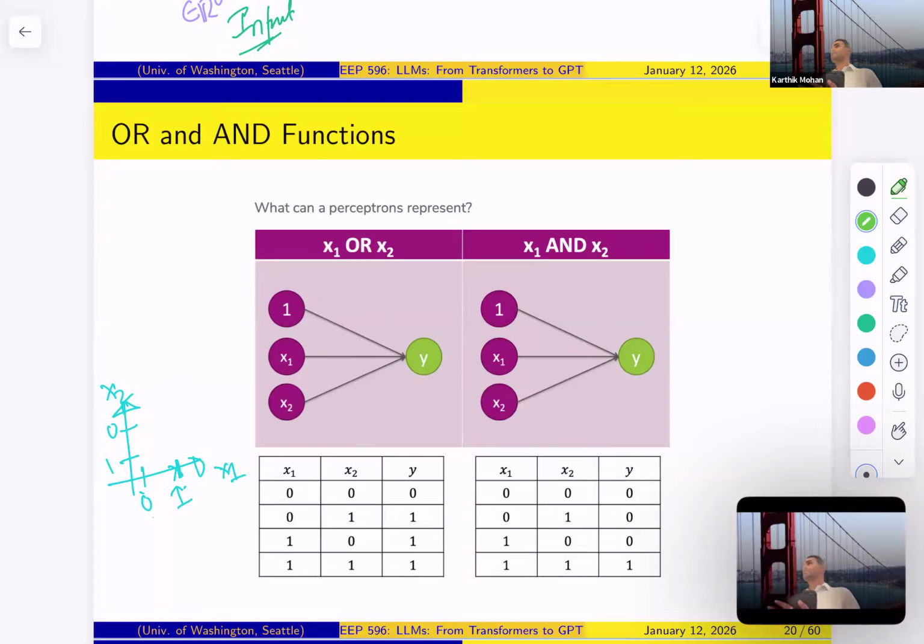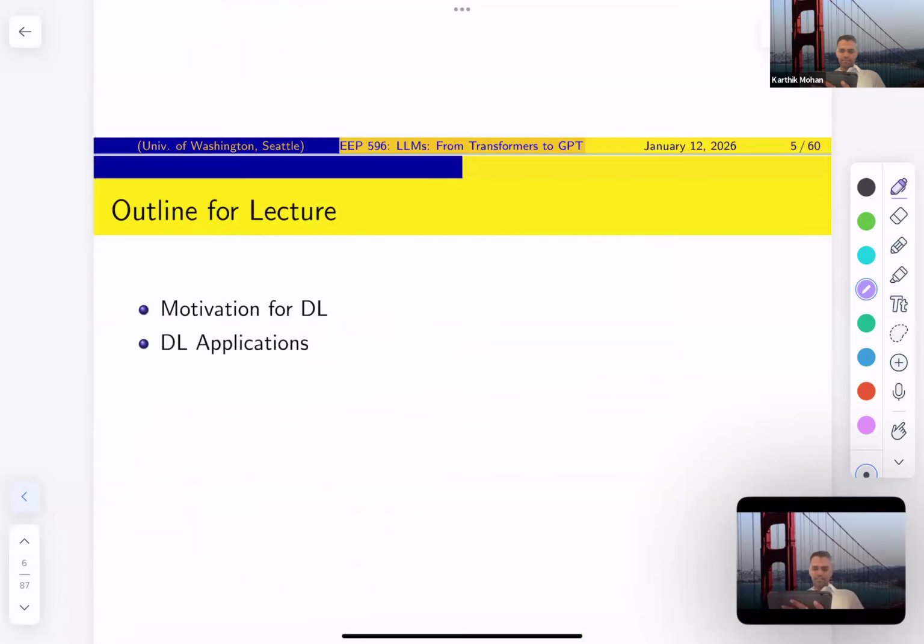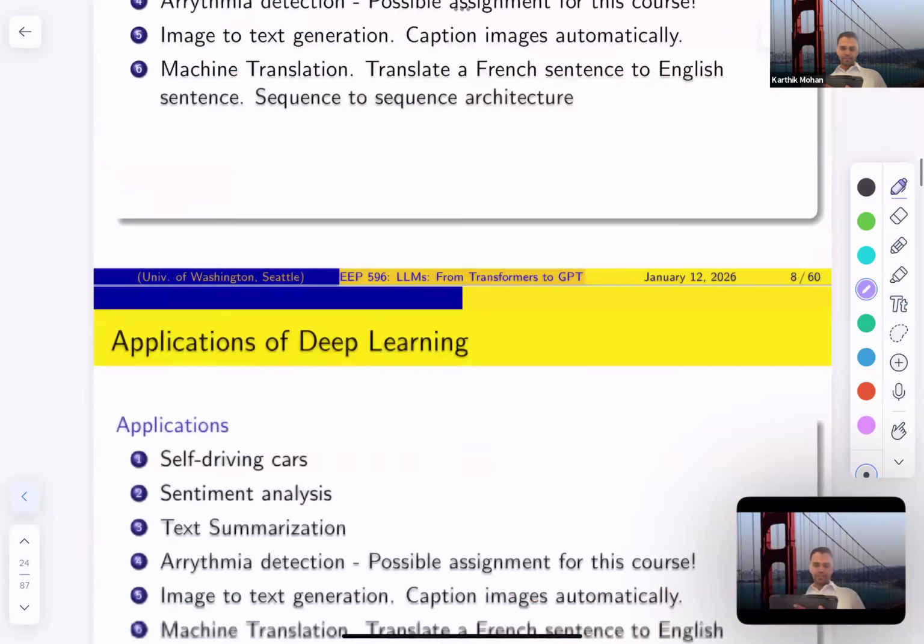When x1 is 0 and x2 is 1, it's true here. Is it true here? Yes. Is it true here? Yes. Is it true here? No. Okay. Can I draw a line to separate the green from the red? Yes. So maybe I can draw a line like this. Yeah. Maybe I can also draw it, sorry about that.